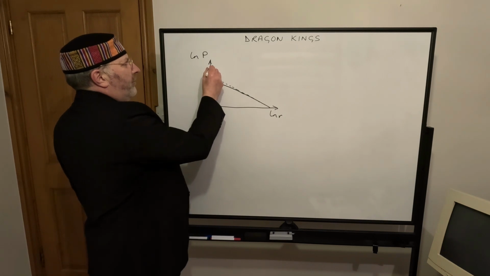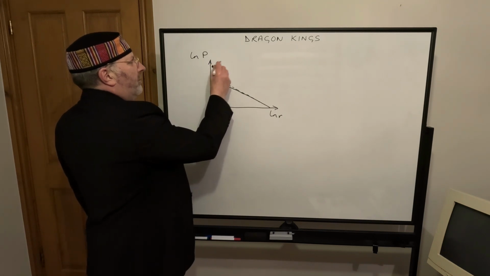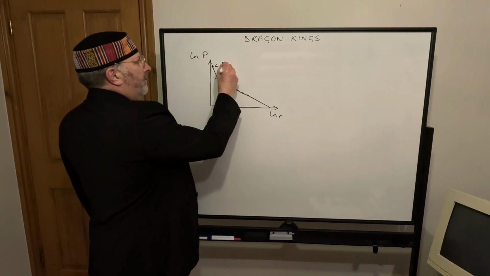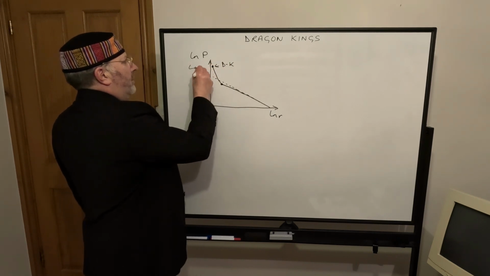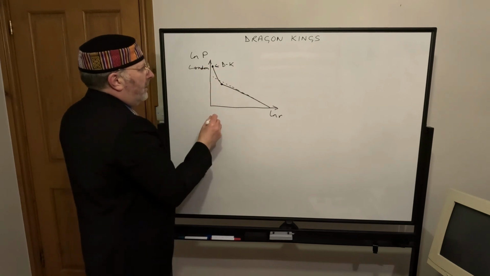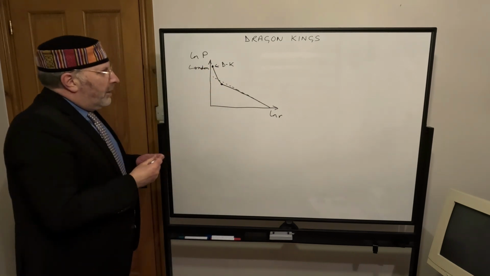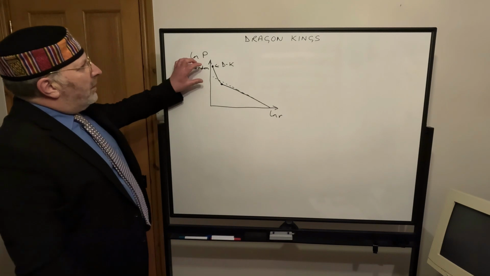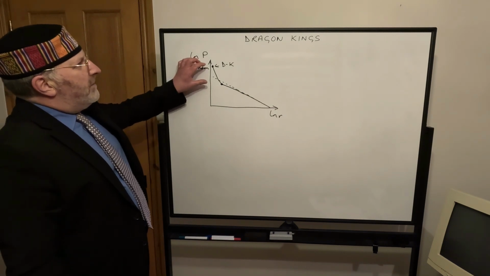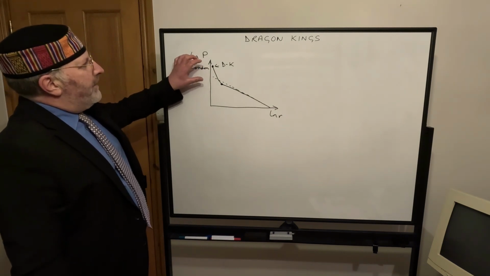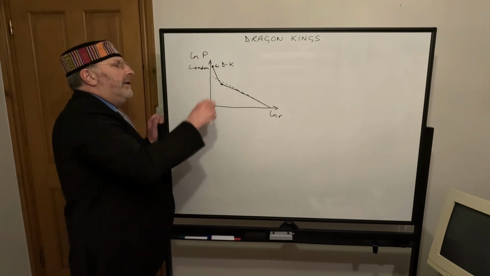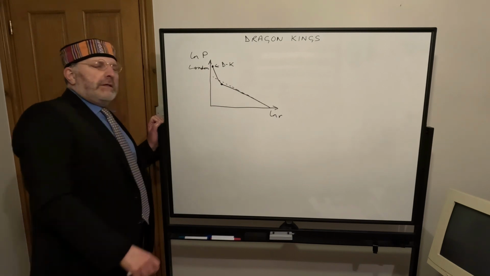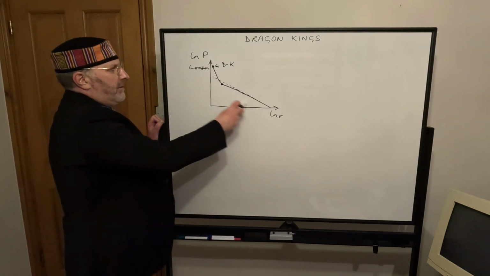It's way out on its own, and this is a dragon king. That's London, I should say. Strictly, the definition of a dragon king is when, in a system of elements like cities, one element has more than 70% of the total.